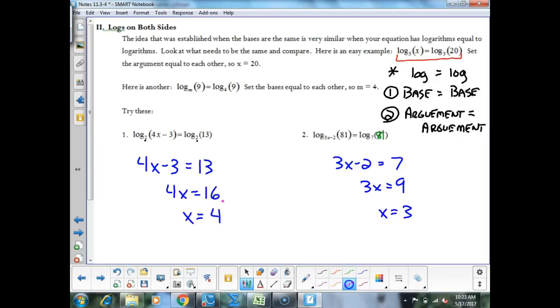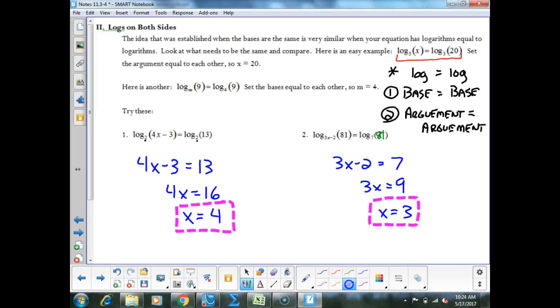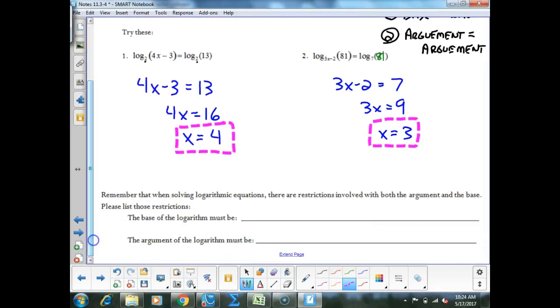In both cases, I need to make sure then that my answers work by plugging them back in. Because there are two conditions when I'm dealing with logs that always have to be true.